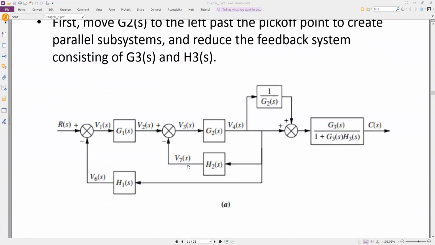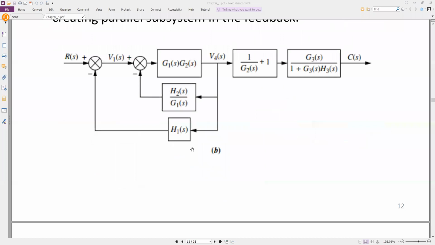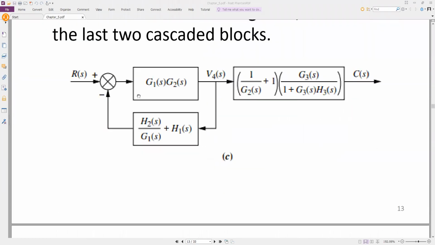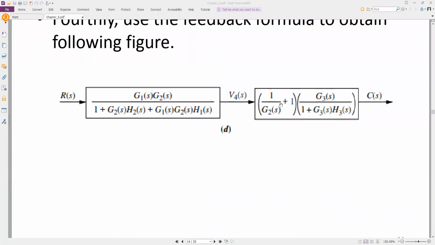H2 by G1. In the feedback, it will be 1 over. Now reduce this one. Finally, reduce the block.